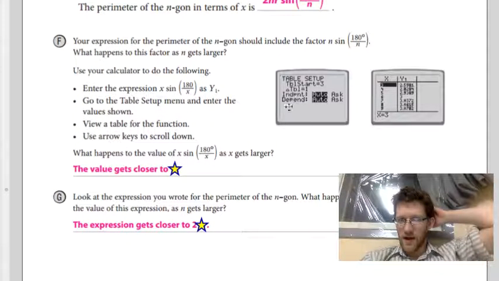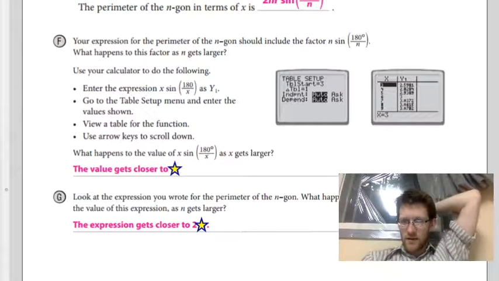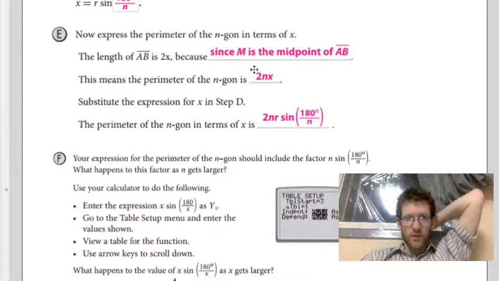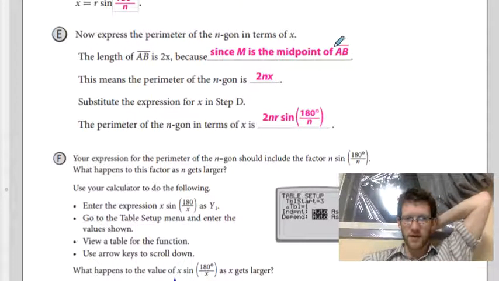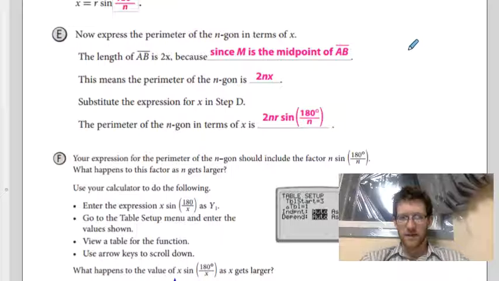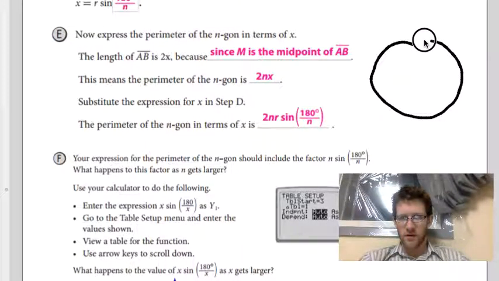You could use a graphing calculator and start plugging in a whole bunch of numbers at once. I would like to just have you think about a single circle here. So go ahead and pull out a calculator. If we have a circle, and this time I'm going to make the radius r equals 0.5.